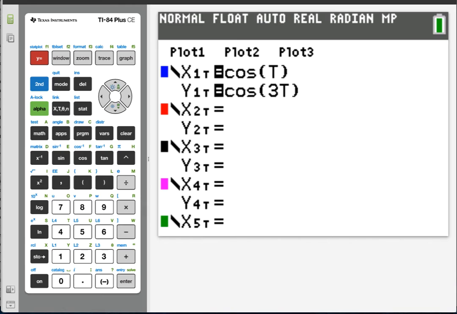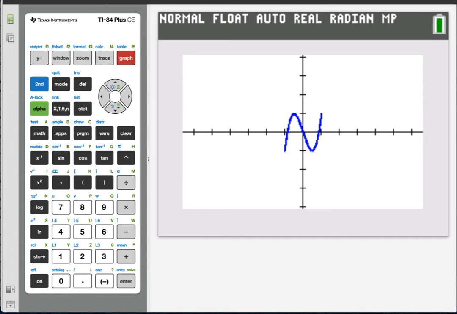So I want to visualize what this graph looks like for a moment. Here's x equals cosine t, y equals cosine 3t. When I'm in parametric mode, I'm not using the letter theta, I'm using the letter t. If I hit graph, I see this graph, and what I notice is the graph looks really thick.